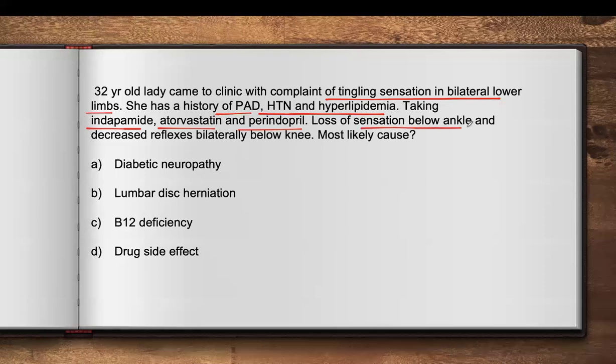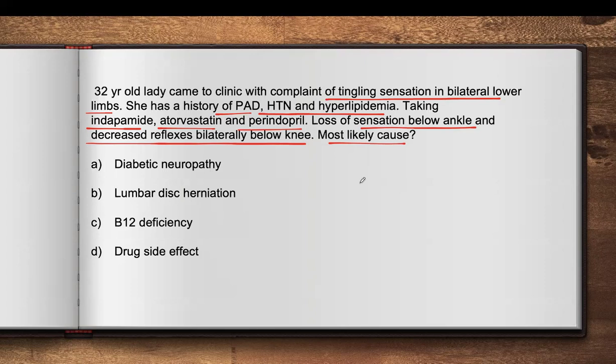She has loss of sensation below the ankle and decreased reflexes bilaterally below the knee. What is the most likely cause? Very important, and this is one of the questions where proper theory knowledge is really important. Without that, you will not be able to answer this question.